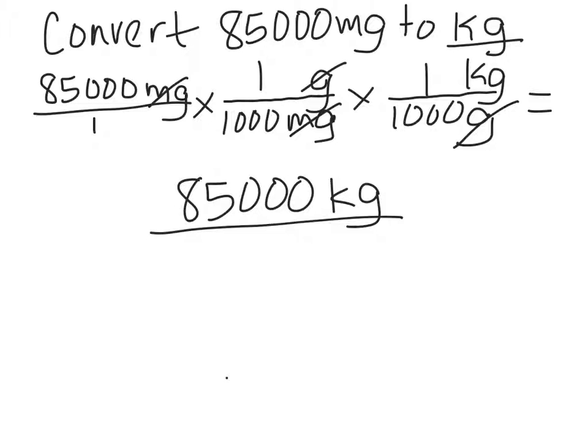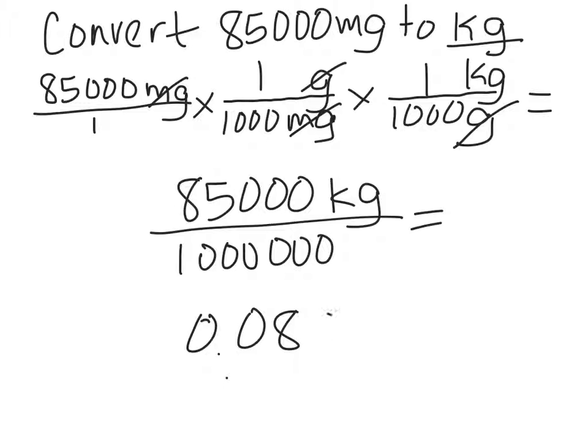Divided by, multiply across in the denominator. 1 times 1,000 times 1,000. 10 to the 6th, or 1,000,000. So do the math, and you end up with 0.085 kilograms.